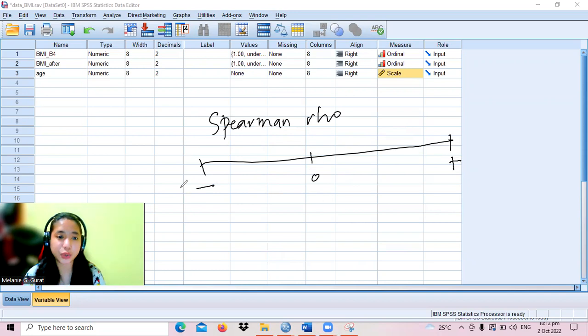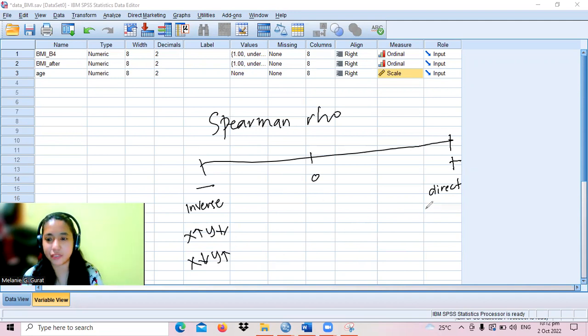positive correlation. Negative means that the correlation is inverse, while positive means that the correlation is direct. If it is inverse, it means that as x increases, y decreases, or vice versa. It is also possible that as x decreases, y increases, as long as it is inverse.